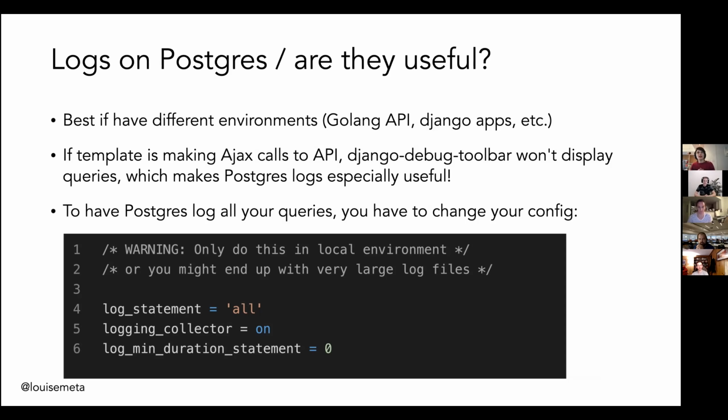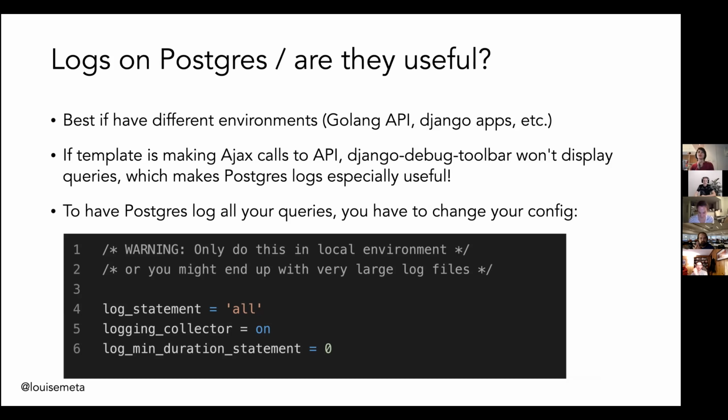One of the reasons I like working with Postgres logs is because I work with Ruby, but I also work with Django apps. We have a Go application. And so when you're switching environments, and if you have to figure out for each environment the tool to track your Postgres logs, it can be kind of annoying and boring. So having one common tool for everything is pretty nice.